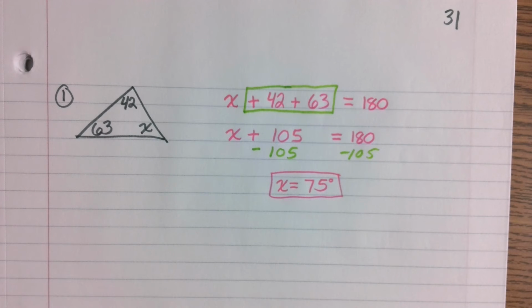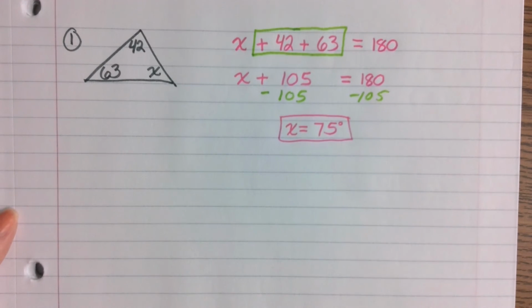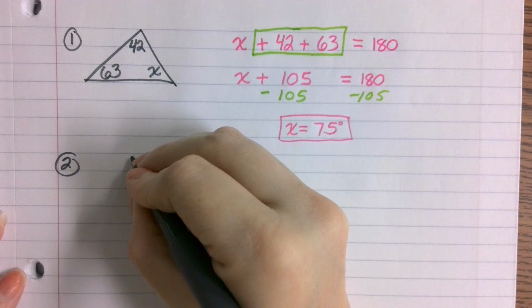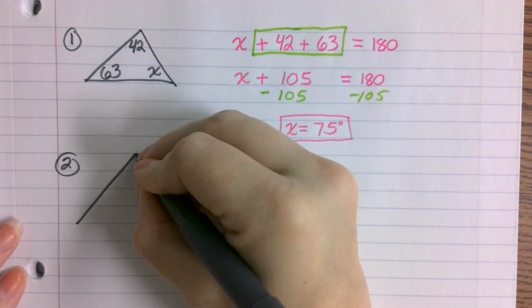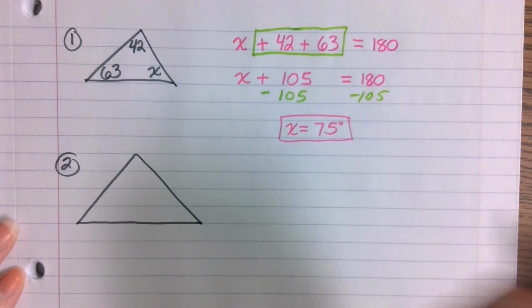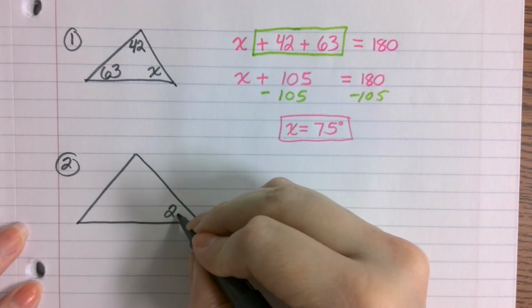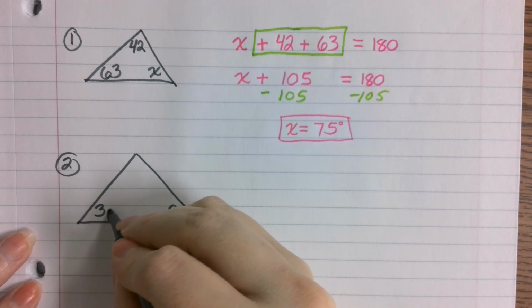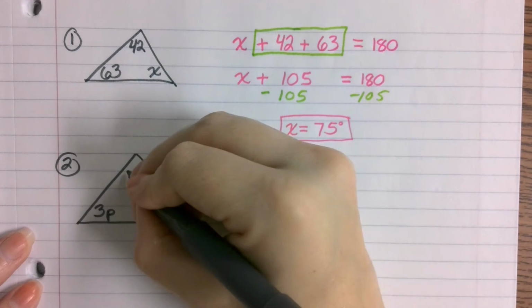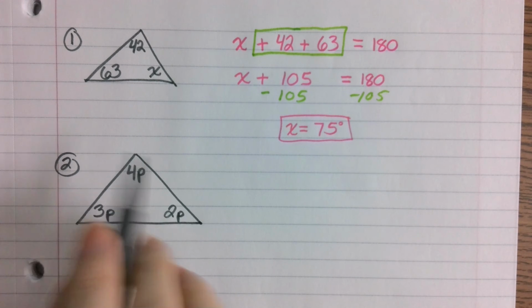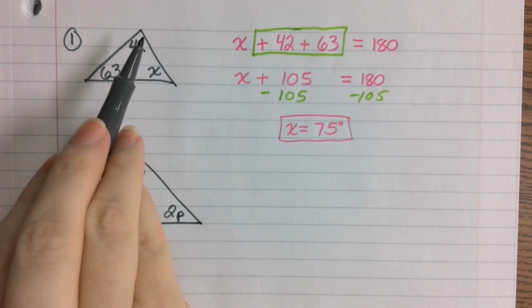Now again, this was more of a straightforward one. They're not all like that. Some of them are a little bit more complex. So let's say that this is 2p, this is 3p, and this is 4p. I can't just do 180 minus degrees like I could here.